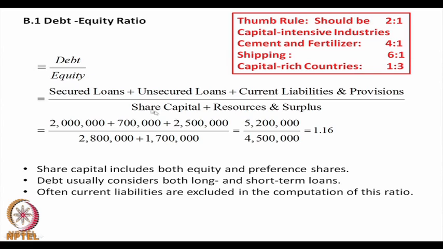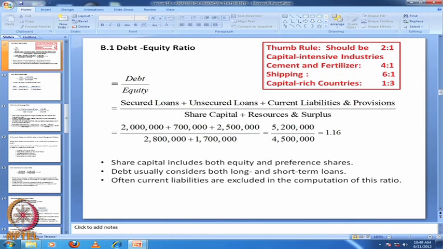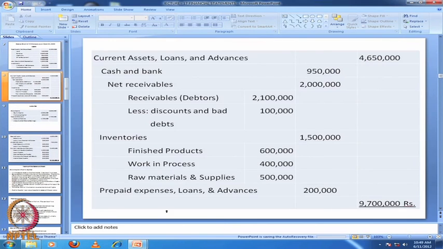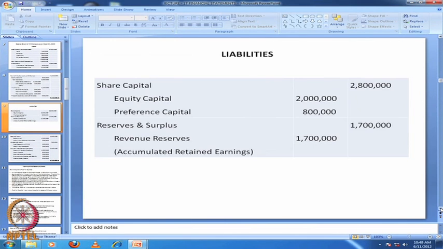So, equity is both forms of equity, that is common stock and preference stock, plus other retained earnings and surpluses. In our case, the share capital, if you look at the liability side, came to 2,800,000, reserves and surplus came to 1,700,000. This we can see if we look at this share capital.